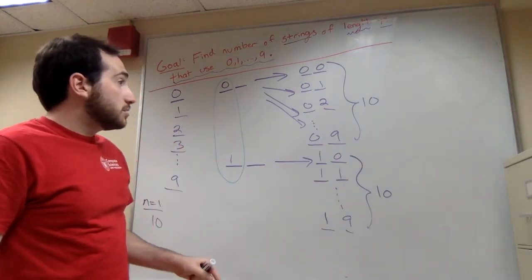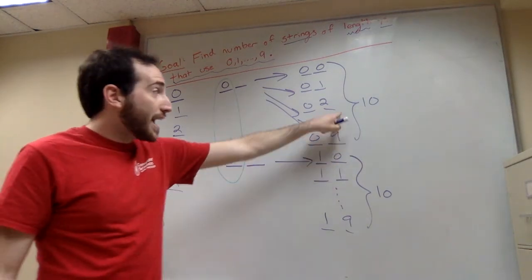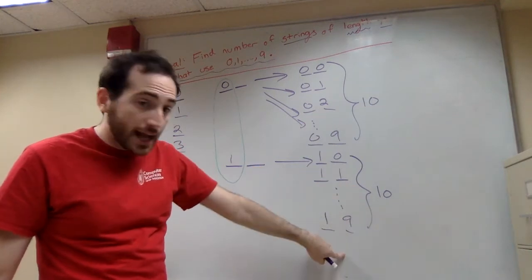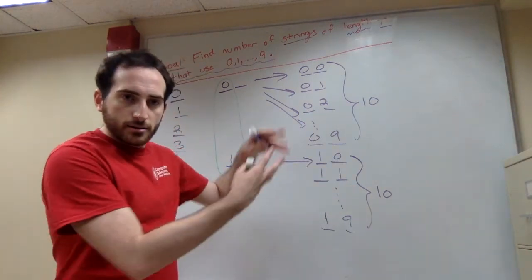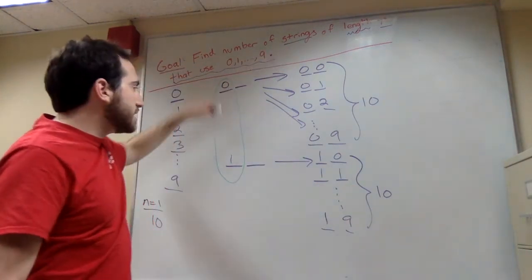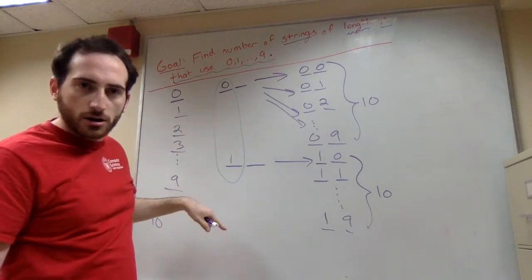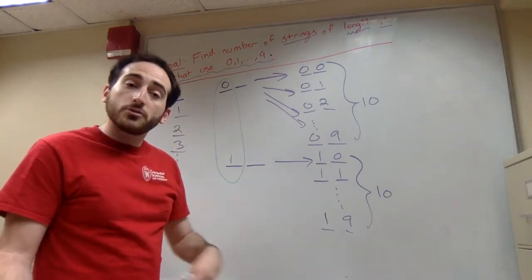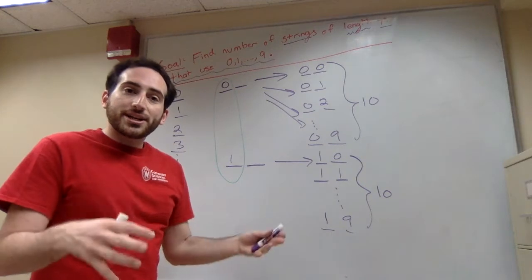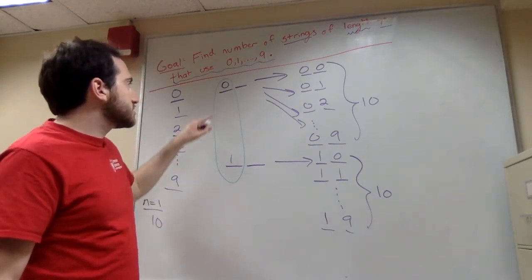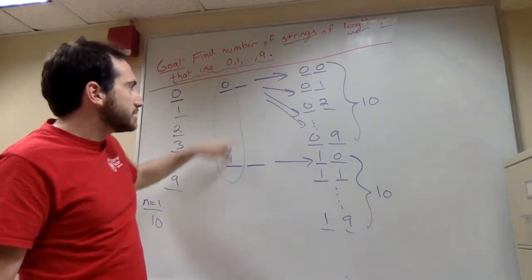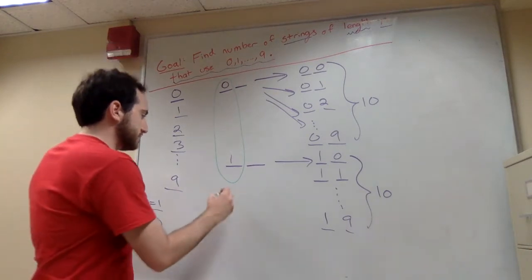So the total number would be 10 plus 10 plus 10 plus 10, a number of times equal to the number of first digits there are. Alternatively, we all know that repeated addition is multiplication, so there are 10 times 10 options.